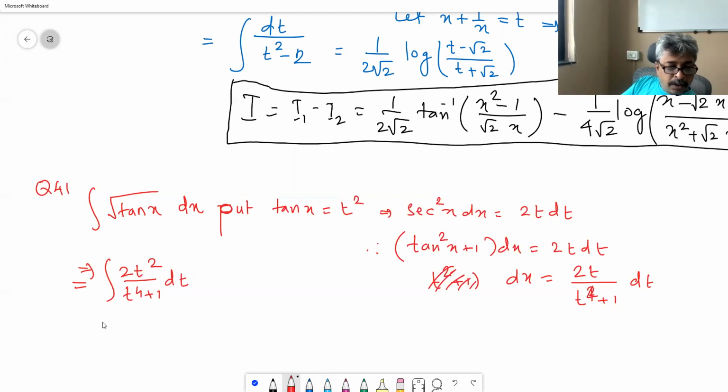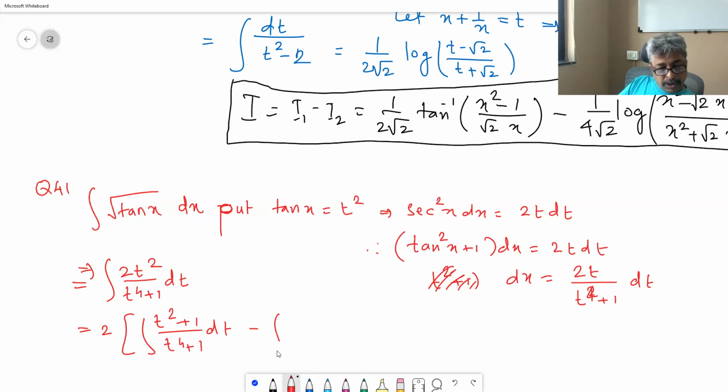Is that okay? Which you can do 2 inside bracket t square plus 1 upon t4 plus 1 integral minus integral 1 upon t4 plus 1 dt.